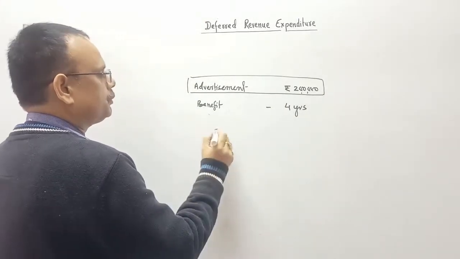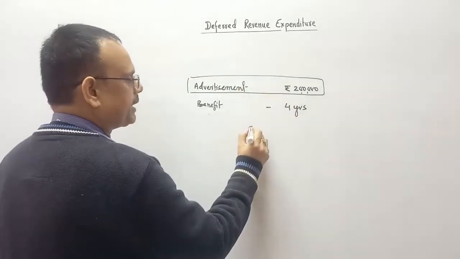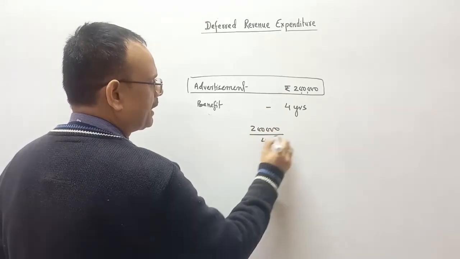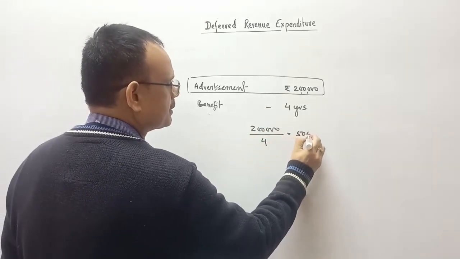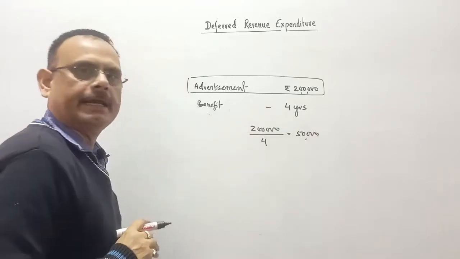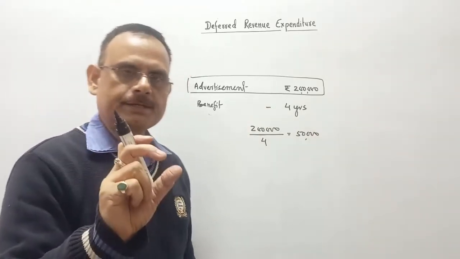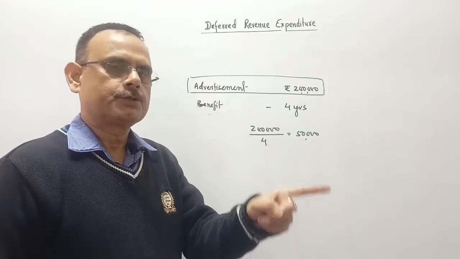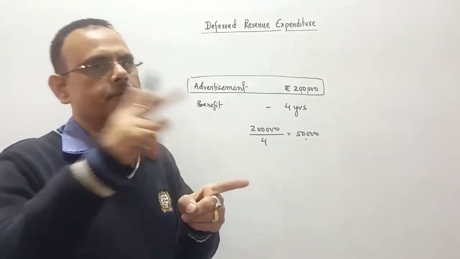So you divide this 2 lakhs by 4, which means 50,000 advertisement cost is for 1 year. So this will continue for 4 years.